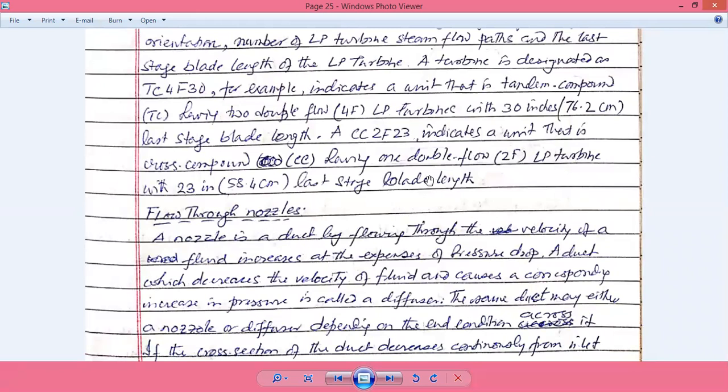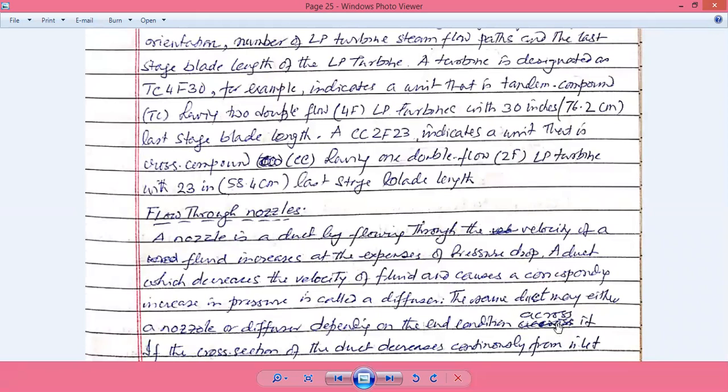In the nozzle, we are increasing the velocity of the fluid at the expense of reducing the pressure, and in the diffuser, we are increasing the pressure of the fluid concerned at the expense of reducing its velocity.